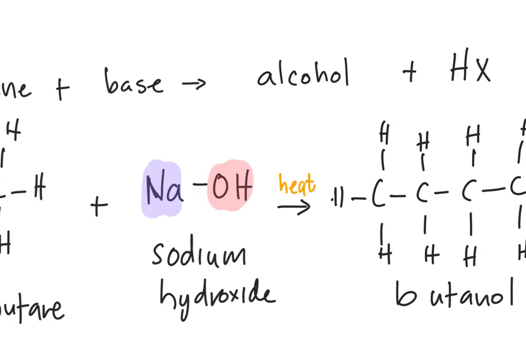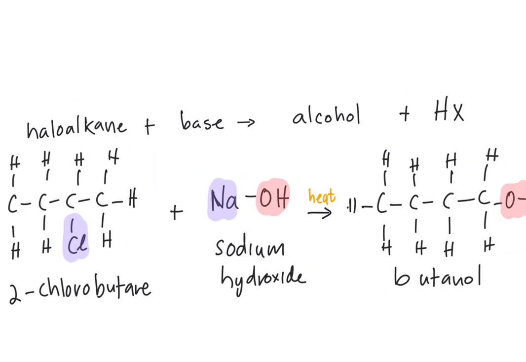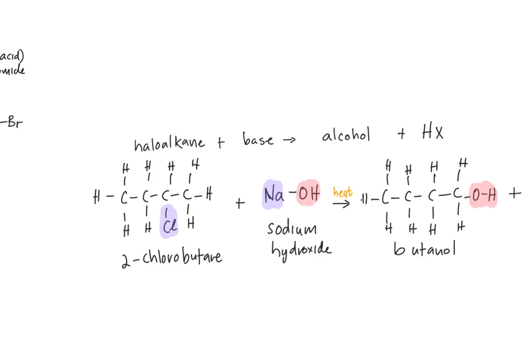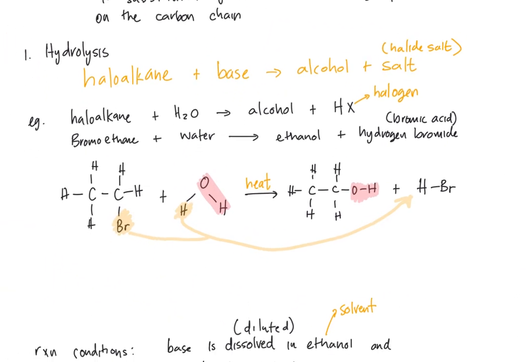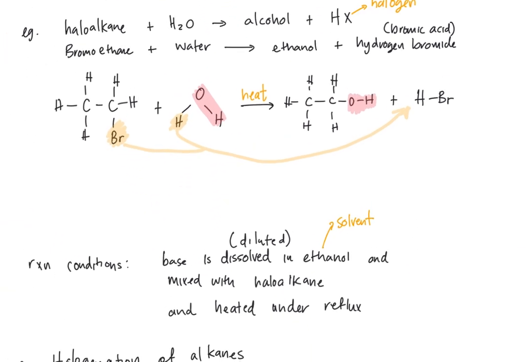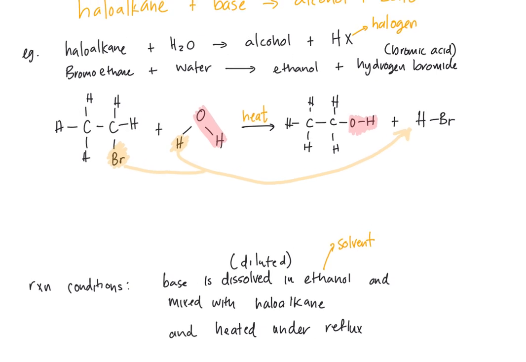You can put the word heat. So those are your two different types of reactions for hydrolysis, and those are your reaction conditions. And remember, reflux just means heated over a long period of time.